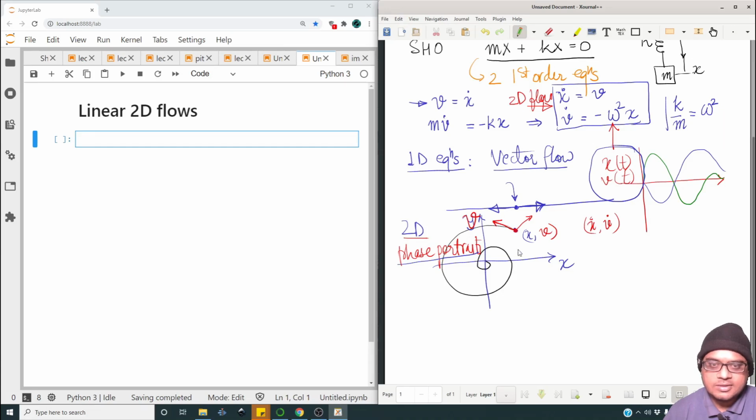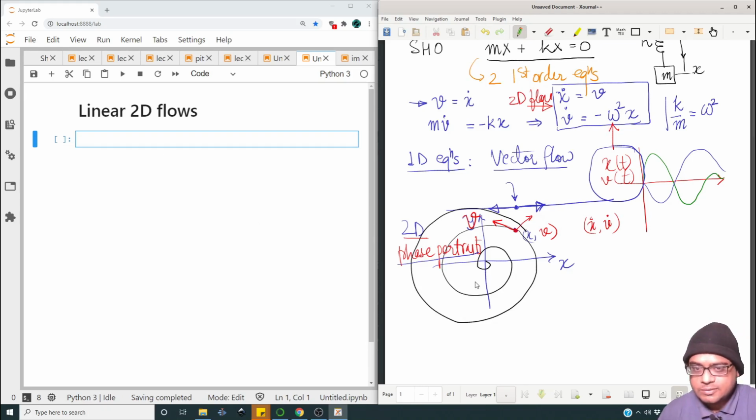It could look something like this, or it could look something like this, depending on what this right hand side function is. But we don't know how much time it might have taken to reach this phase point. So a phase point in this 2D plane is a combination of x and v, which the particle might have reached or might have originated from as well.